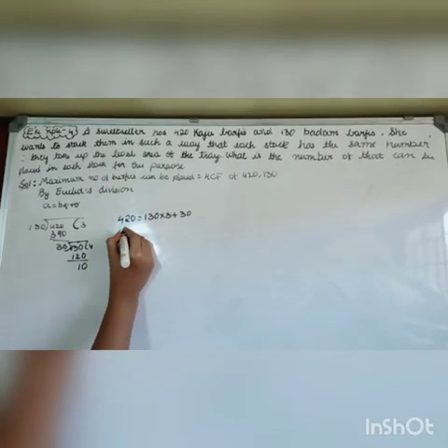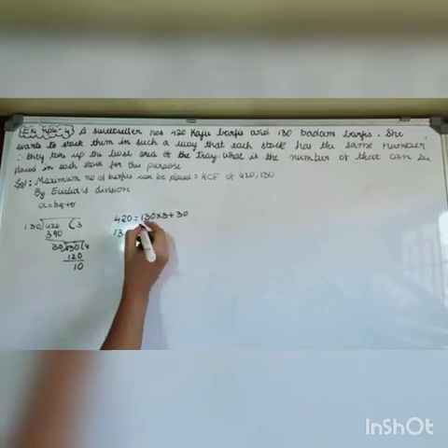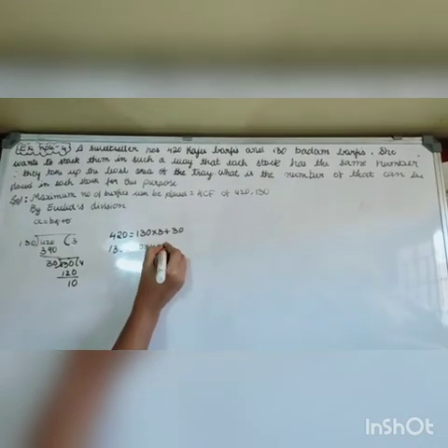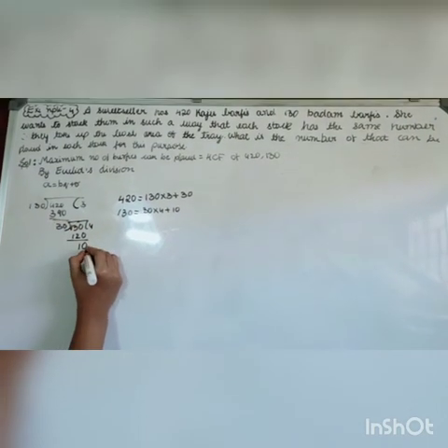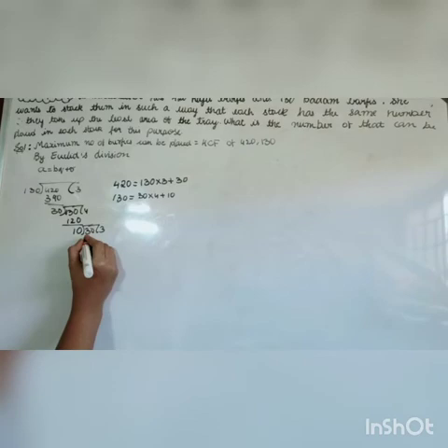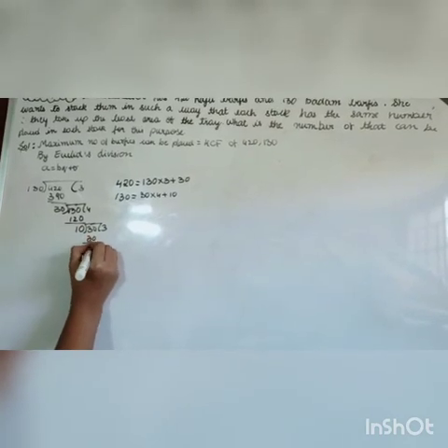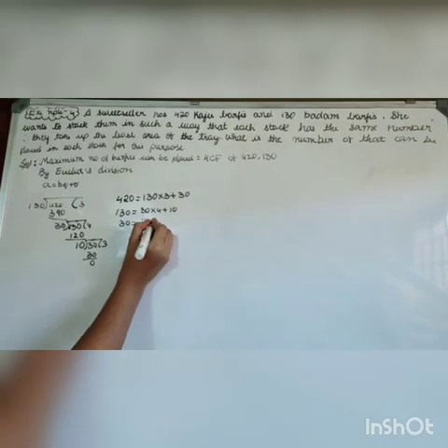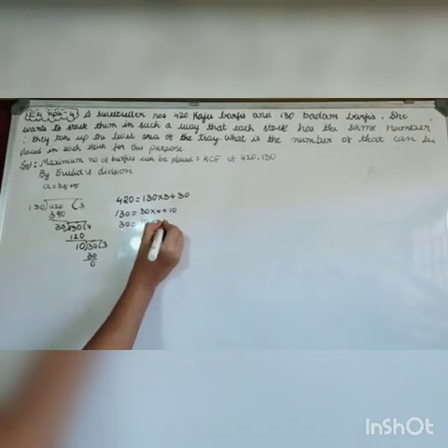Now 130 can be written as 30 into 4 plus 10. So previous divisor will come here, and 10 3s is 30, and we get 0 here. So 30 is equal to 10 into 3 plus 0.